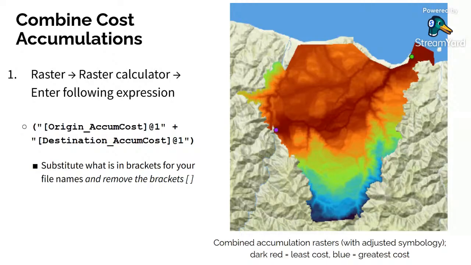When you are doing this exercise on your own, this is noted in the exercise directions, and I noted here, you want to substitute the name of your raster in where I put these brackets, and you're going to want to remove the brackets. Otherwise, this will not work. There are also ways in QGIS to select feature layers in the expression panel, and it will just auto input the name.